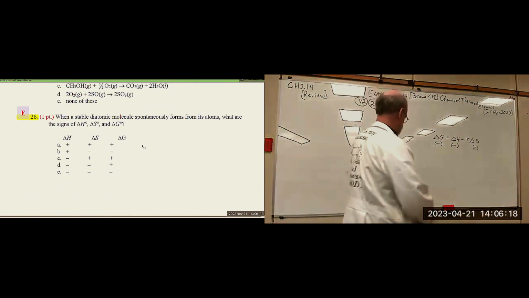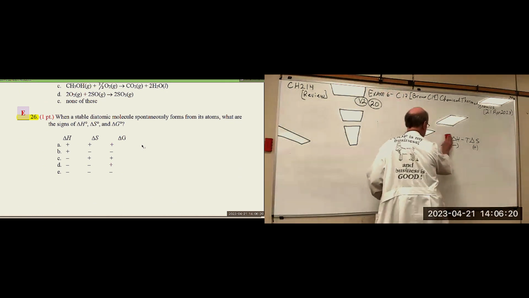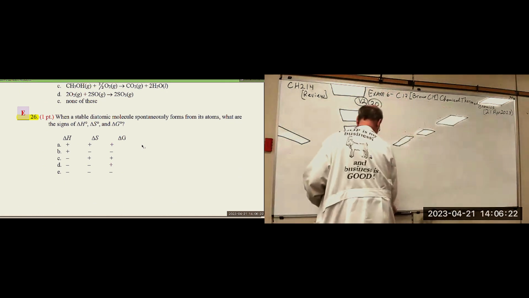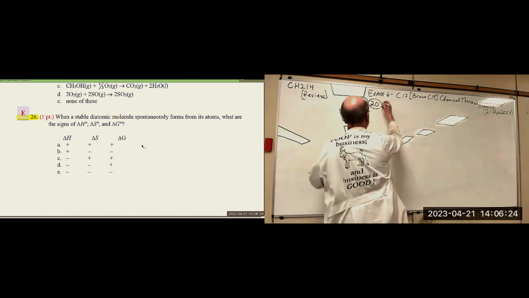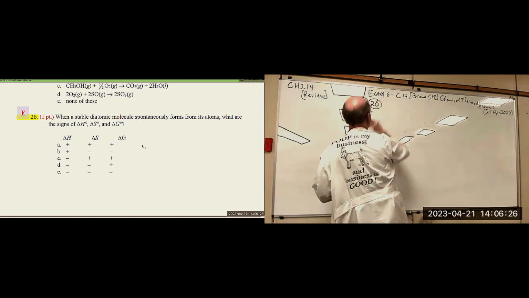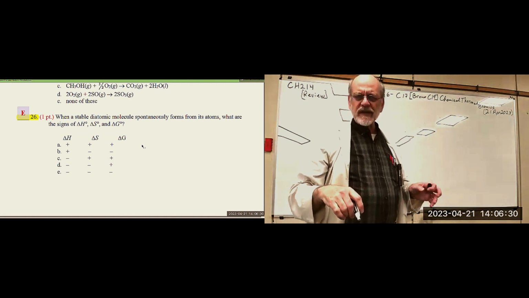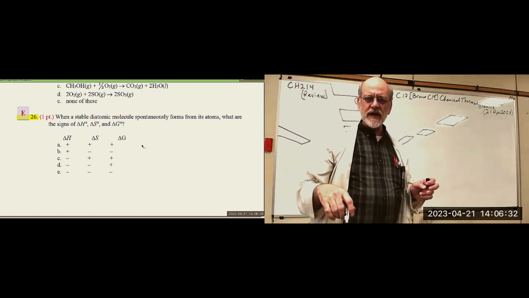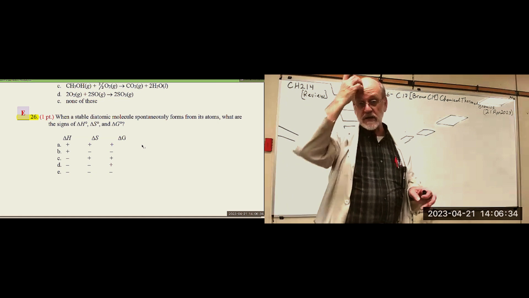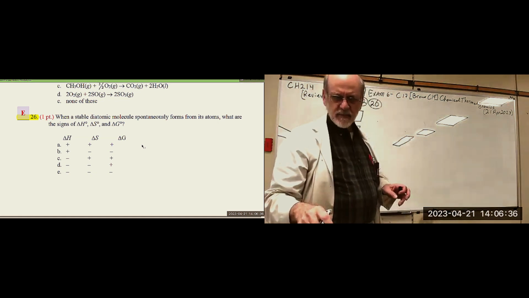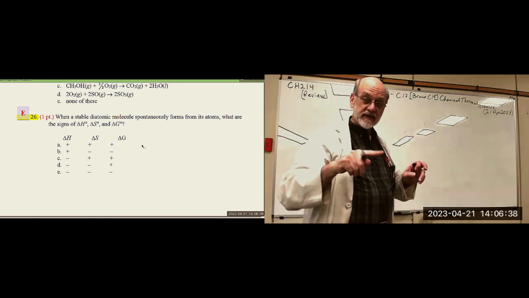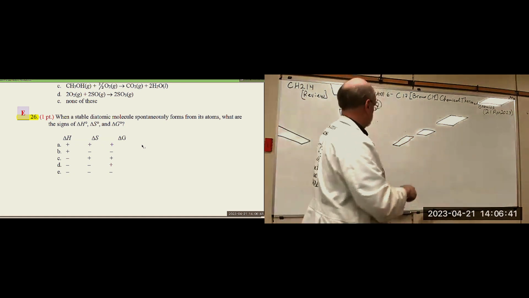Okay, 26. When a stable diatomic molecule spontaneously forms from its atoms, what are the signs of delta H, delta S, and delta G? Okay. A stable diatomic molecule spontaneously forms from its atoms.